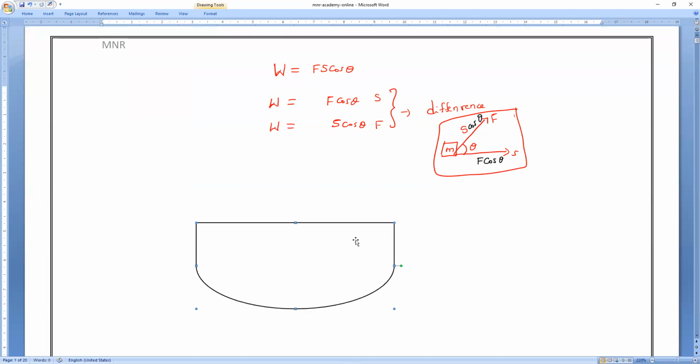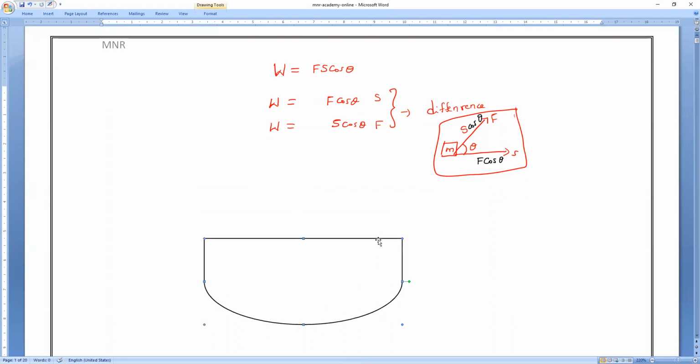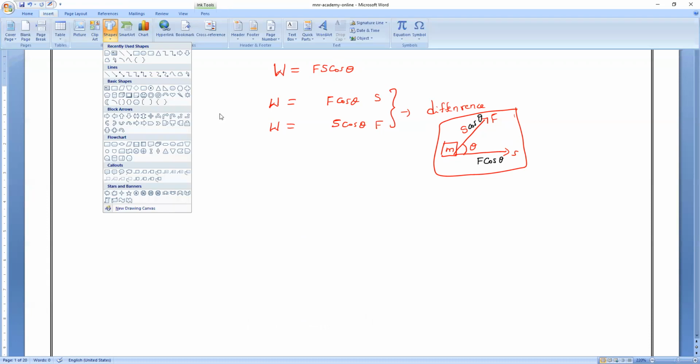So you draw it. Try to draw. I'm taking a hemisphere. Let me draw with the hand itself. We all know that a hemisphere is half of a sphere. From the center, if you go in any direction, what will happen, guys? The displacement is how much?